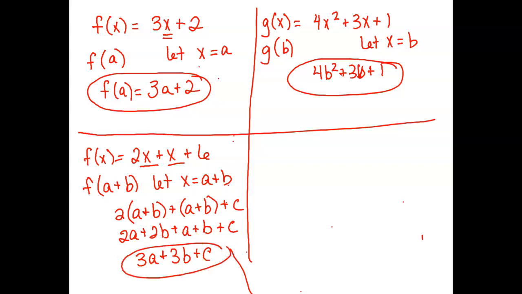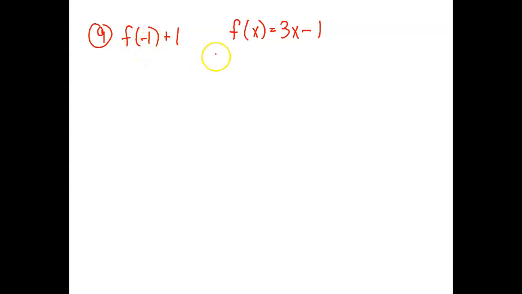Okay, so that leads us back to number 9. Number 9 says, what is f of negative 1 plus 1? Our f function is f of x is equal to 3x minus 1. So my let statement is only what is in parentheses. So I'm going to let my x be equal to negative 1. So every place I see an x here, I'm going to put in negative 1.